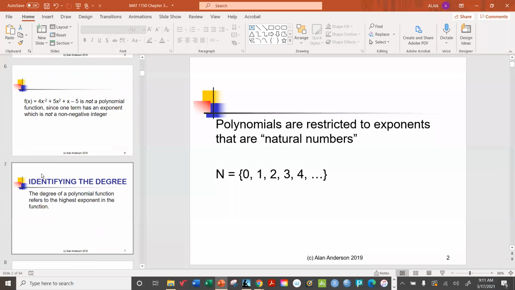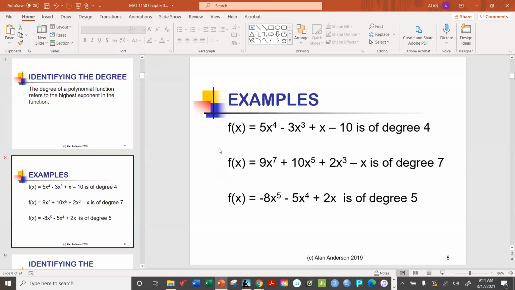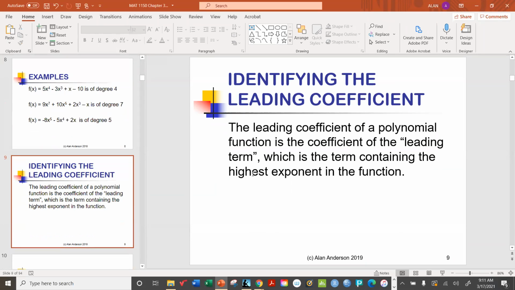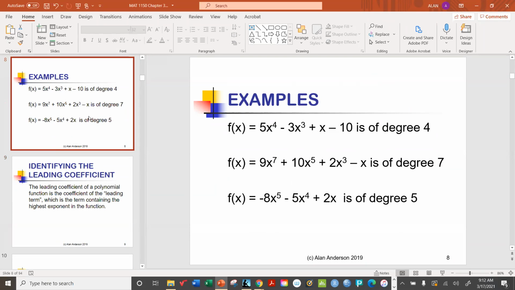All right, so then we went ahead and we were looking at the degree or order, which, like I said, is simply the highest exponent in that expression. The leading coefficient then, oh, by the way, here's some more terminology that we need to know. So not only are these of degree or order 4, 7, and 5, this is considered to be the leading term.